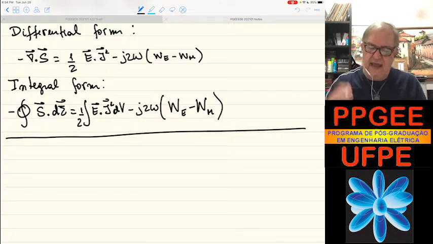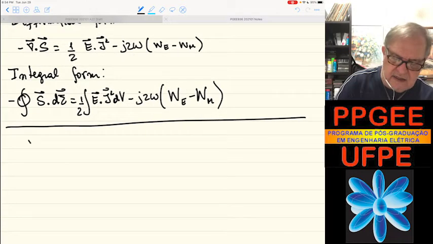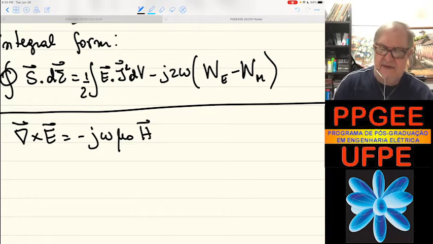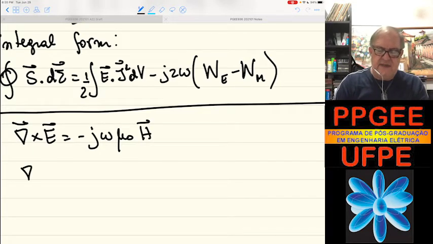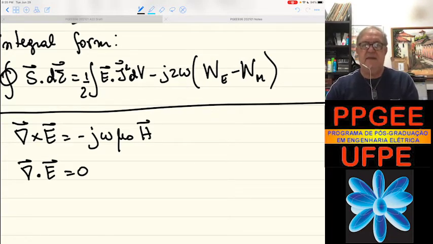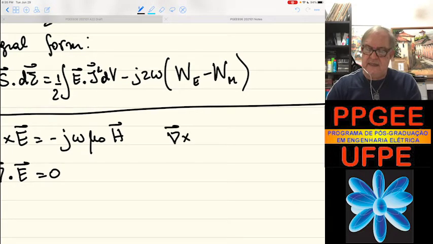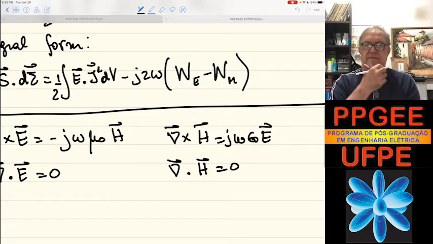So what we have in that case is the curl of E equals minus j omega mu 0 times H, right? Divergence of E equals 0, right? That's the second equation. Curl of H, there's no current density, equals j omega epsilon 0 E, and divergence of H equals 0, right?